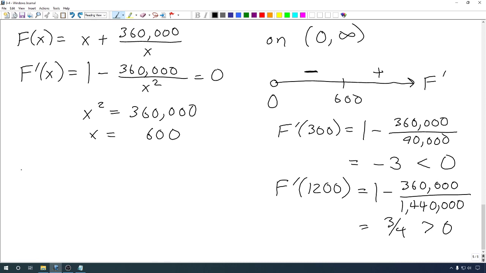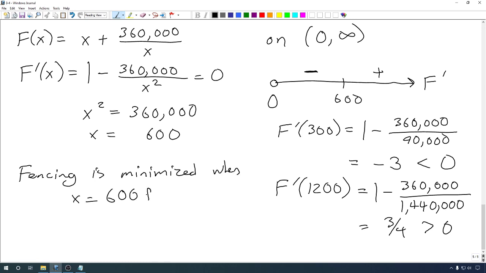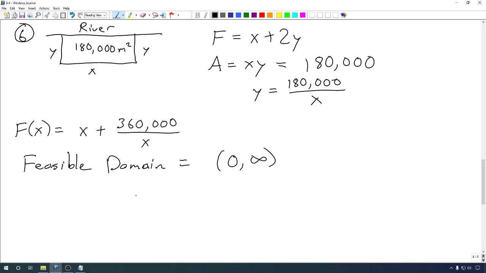So fencing is minimized when x is equal to 600 feet. Of course, that's only one of our dimensions. That's the length parallel to the river.